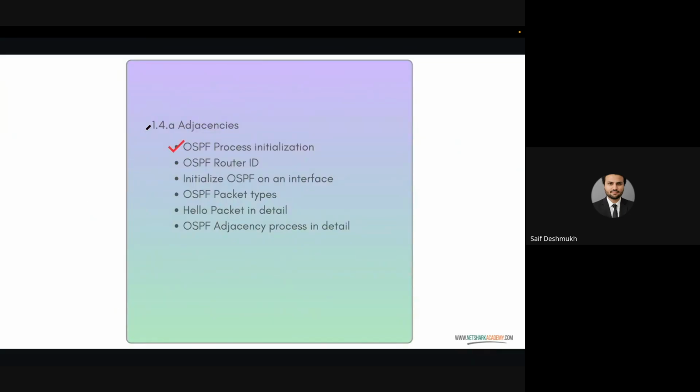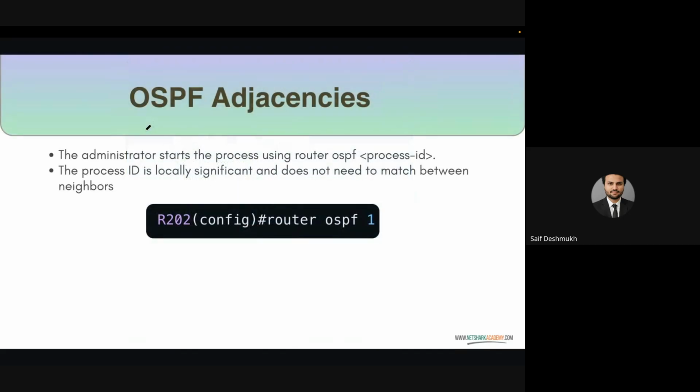Okay, let's talk about how the OSPF process initializes. Anyone who wants to initialize OSPF on a specific router or switch would type router ospf and the process ID. This is enabling OSPF version 2, which is the default, basically used for IPv4. And this process ID doesn't matter.